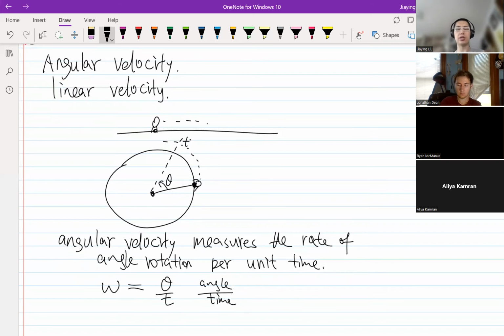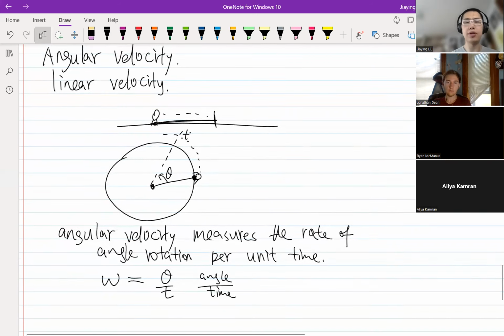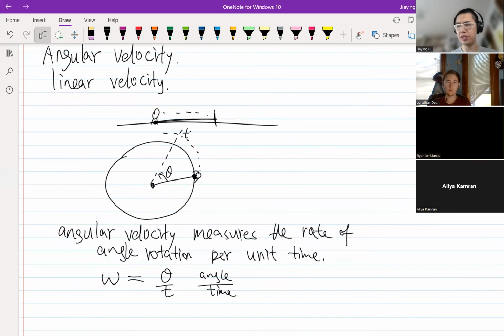When it comes to the regular velocity traveling on a line, we talk about a distance on that line divided by time. So here we just talk about the angle divided by time. So that's angular velocity.